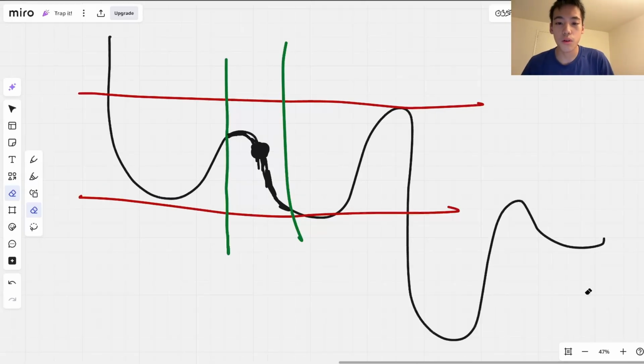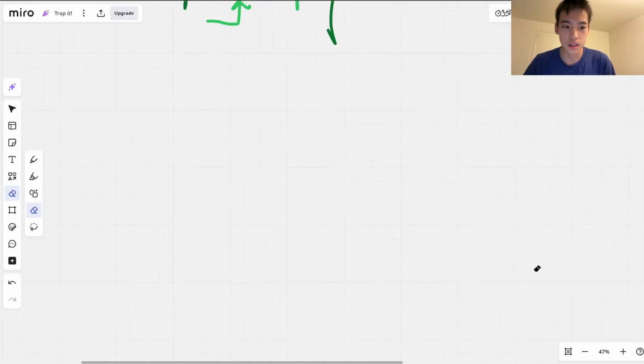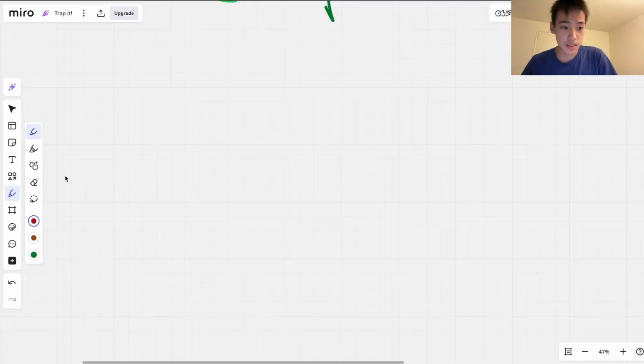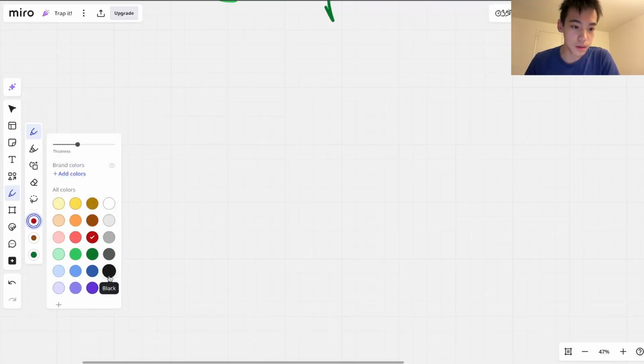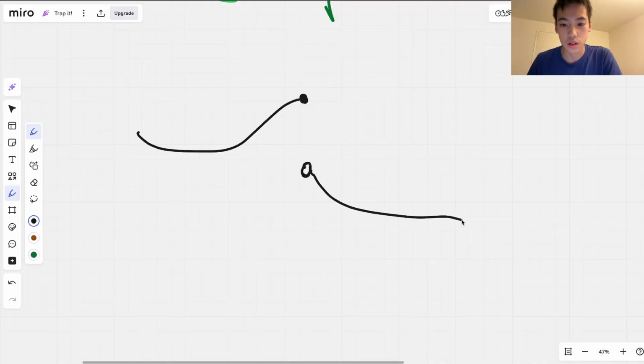Okay, so this is all cool and fun, but let's try a different type of function. So I'm going to go down here, and let's suppose instead I give you the following function. I'm going to go up here, and then once I hit that point, I'm going to go down over here.